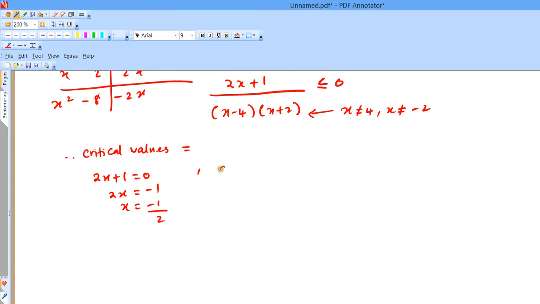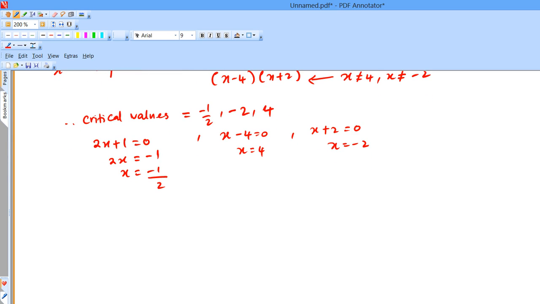Number 2, x minus 4 equal to 0, x equal to 4. Number 3, x plus 2 equal to 0, x equal to -2. So we have 3 critical values, -1 over 2, -2 and 4.